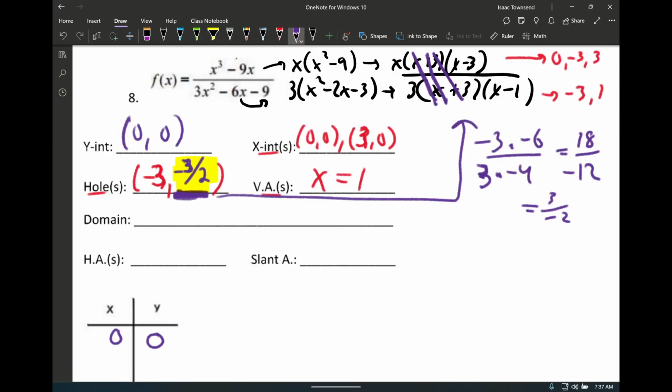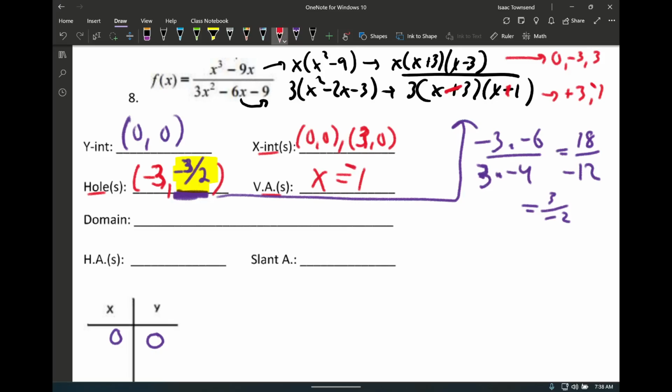When you factor the x squared minus 2x minus 3, it should be x minus 3, x plus 1. You're right. My factoring is off. This should have been a -3 and this should have been a +1. So that would mean this would be a +3 and this would be a -1.